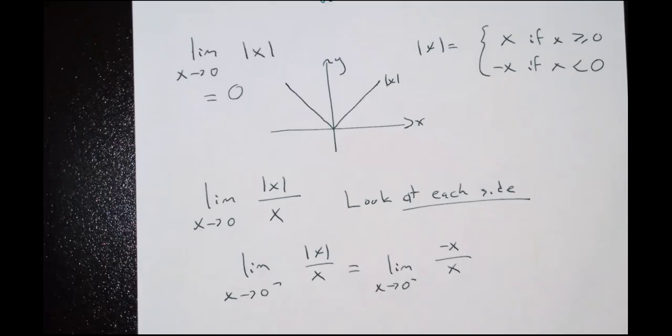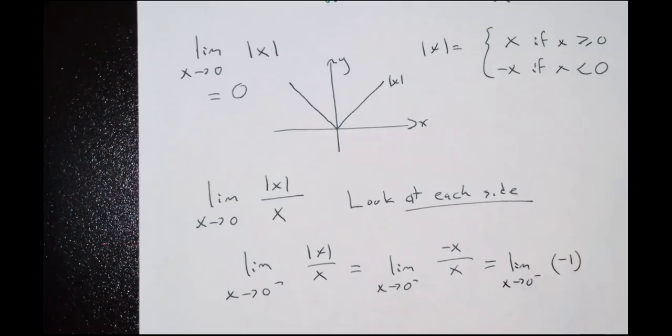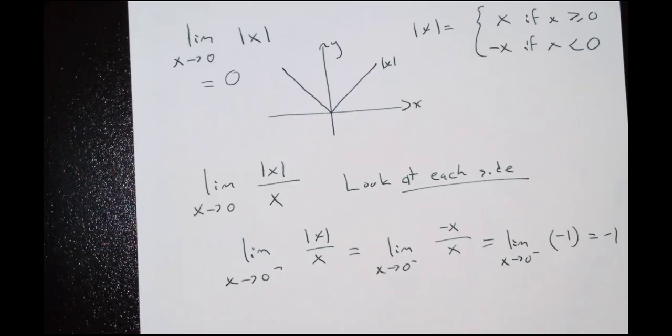But algebraically, what is that equivalent to? Simplify this. That's a constant. Do I care where you're going when you have a constant? So this is just going to give me -1. So the limit from the left is negative.